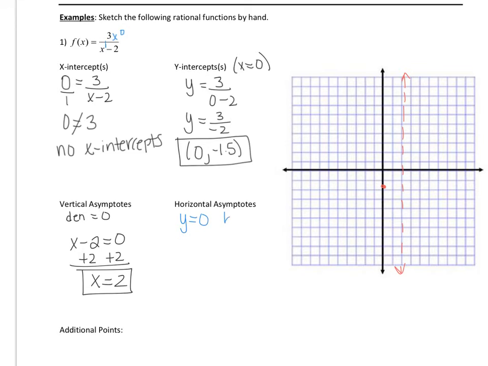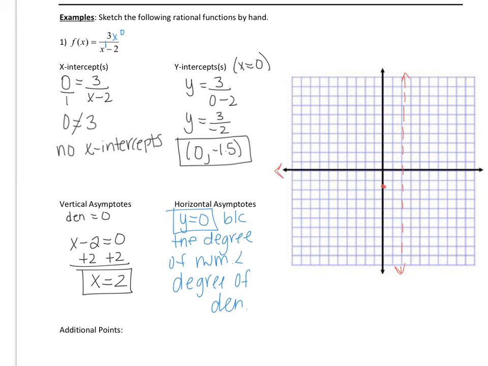So we can go ahead and graph the line y equals 0, which is right on top of the x-axis. So this right here.